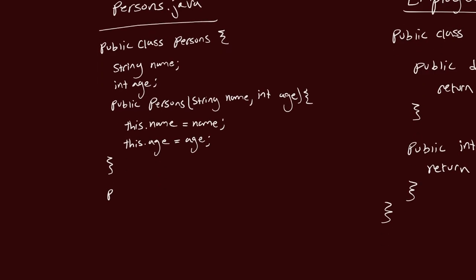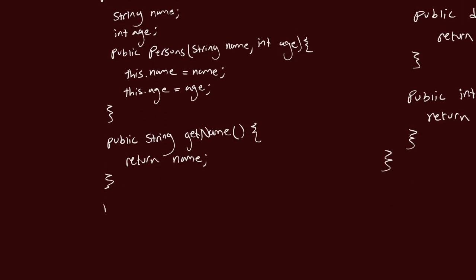So let's set up the getters. So public string get name, and public int get age.